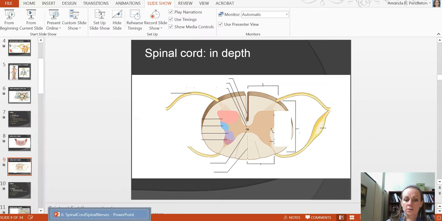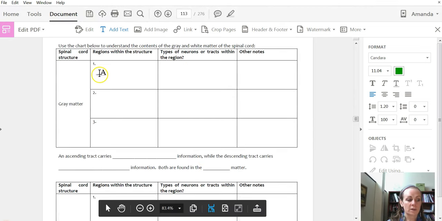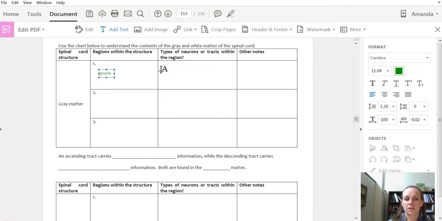So to get you started on your notes packet, if you go here, gray matter, the regions within the structure, well, for each of these, we're going to put anterior gray horn, you put lateral gray horn, and then finally you're going to put posterior gray horn. Okay, and so this says types of neurons or tracts.